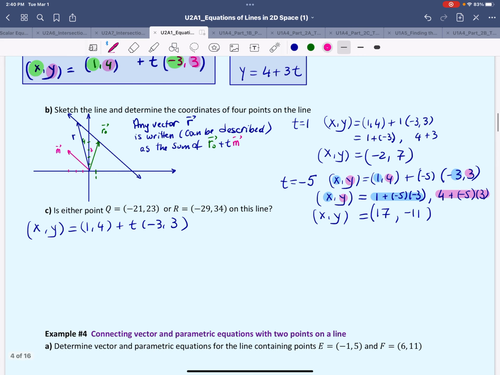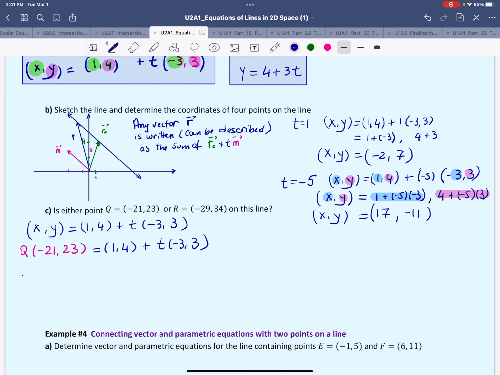We're going to start off with point Q, which has the coordinates (-21, 23). For point Q to be on this line, the x and the y coordinate of Q must satisfy the equation, so the same t value must satisfy both x and the y coordinates.